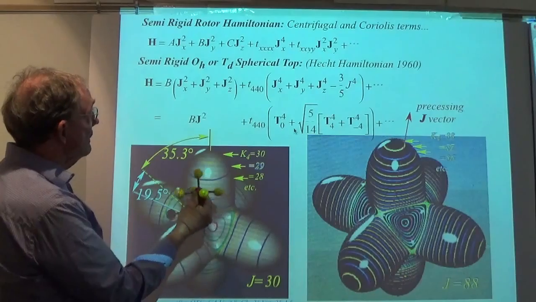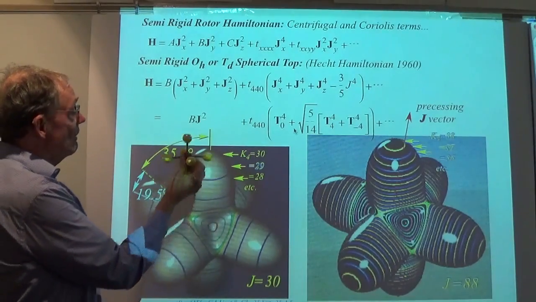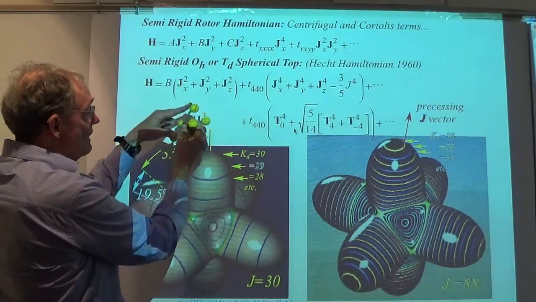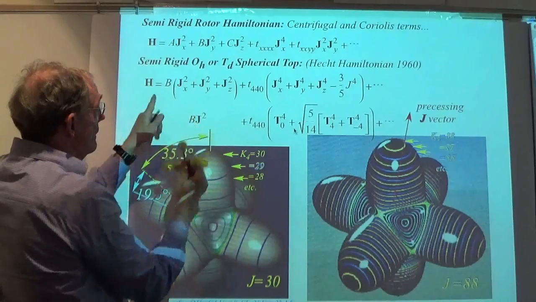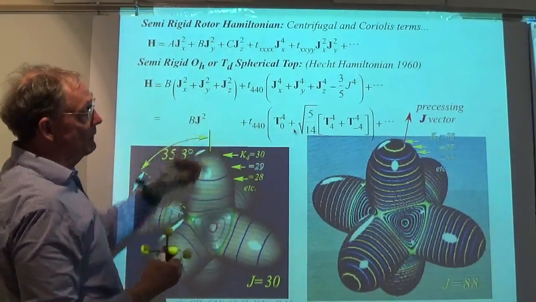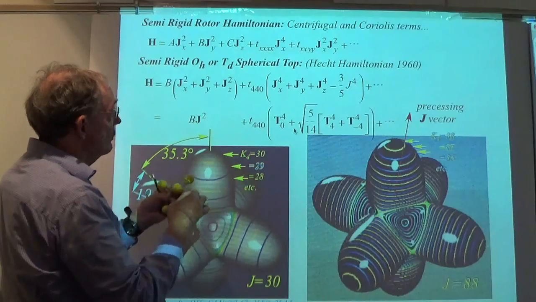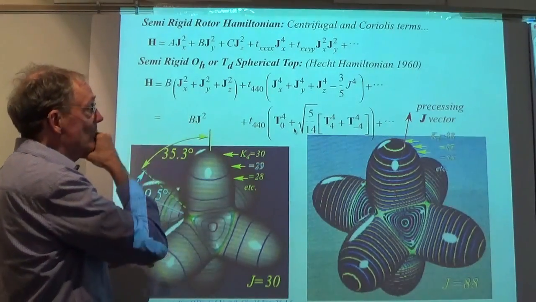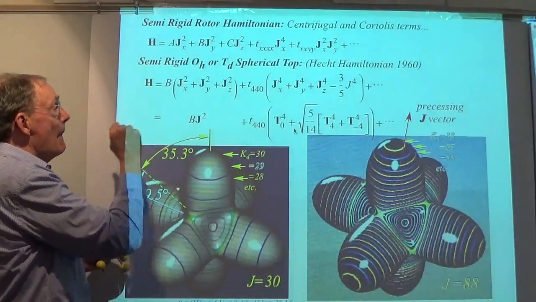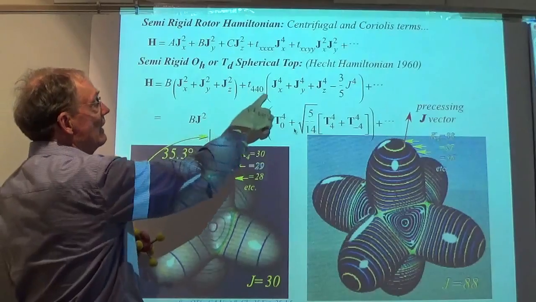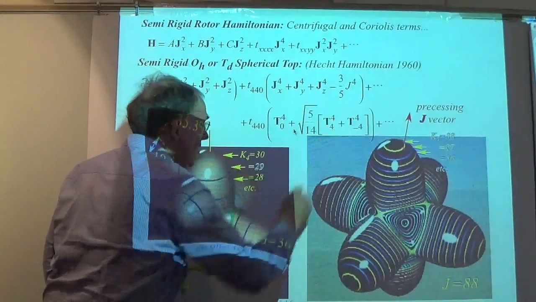So this basically is an energy surface. If the molecule does not distort, that's the only Hamiltonian we have. Just have one parameter for rotation. Inertia the same in all directions. And this is something that describes how it distorts.